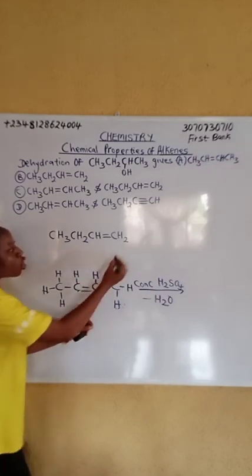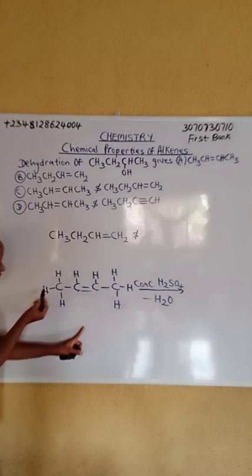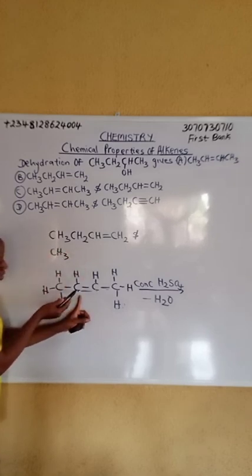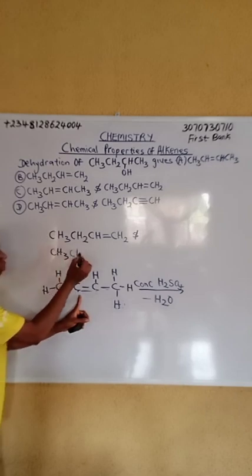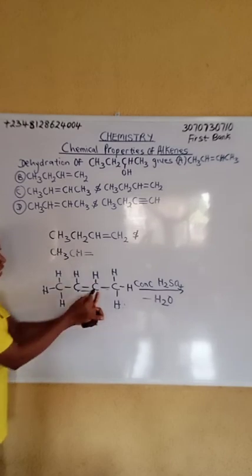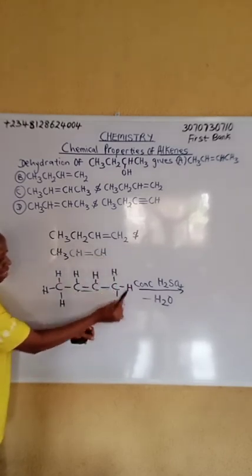So what will be the second product? The second product will now be CH3, followed by CH, then your double bond, then another CH, then CH3.